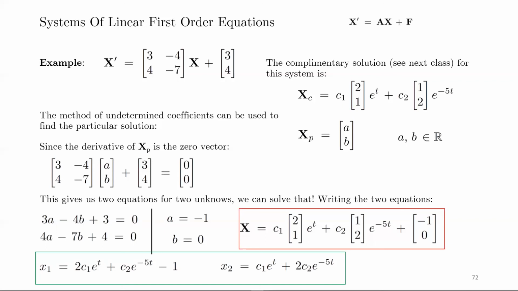We've shown that many of the theorems from Unit 2, including existence and uniqueness and the general solution to homogeneous systems, hold here as well. So they apply to systems of equations too. We've shown that the method of undetermined coefficients can be used to find a particular solution, just like in Unit 2. And the complementary solution, well, I'm going to show you how to find that in the next class. So I'll see you there.